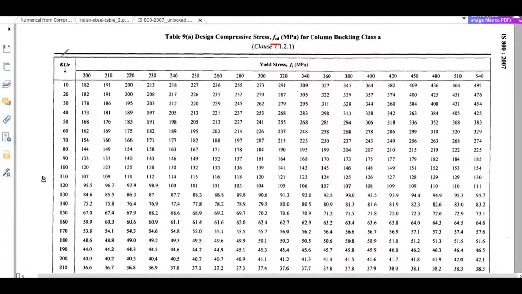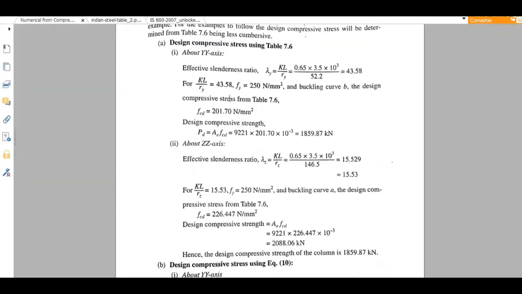As we know, we have two directions, z direction and y direction, so we will have two slenderness ratios. So we have to find this ratio KL by r first, then we use this table. About the y-axis, lambda y is equal to KL by ry.